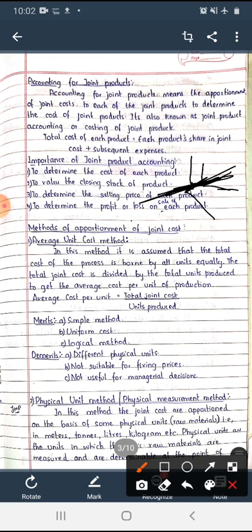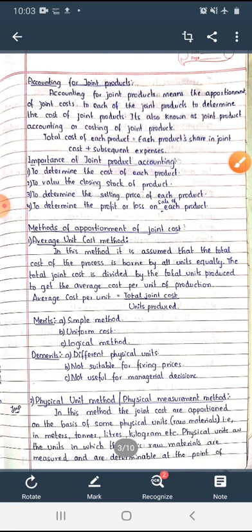Two joint products are produced together till this point, and the processes are the same, but after this separation point they are processed separately. This is the separation point or split off point.